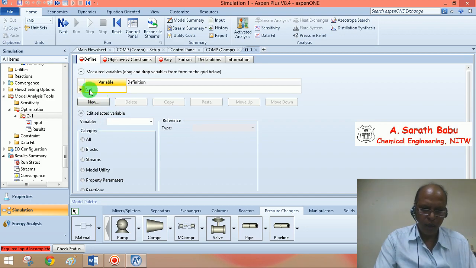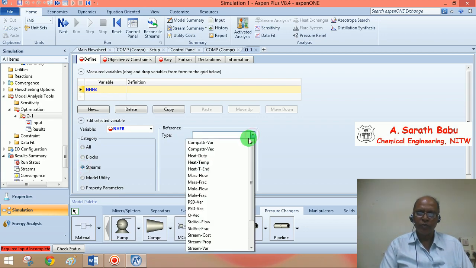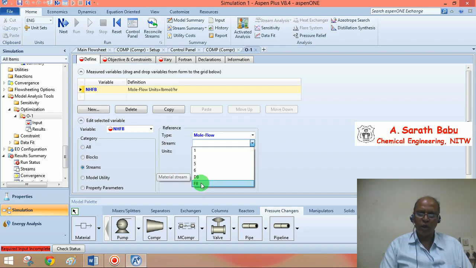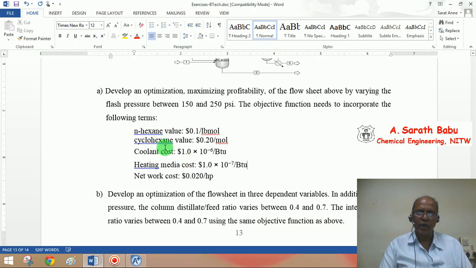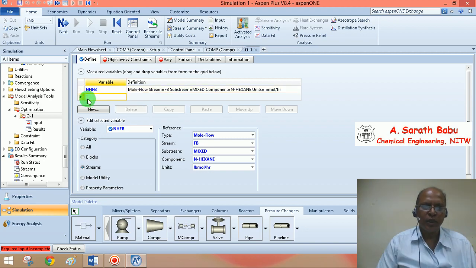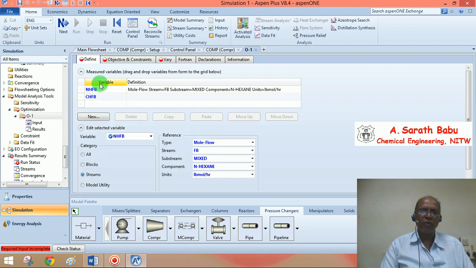NHFB, N-hexane in flash bottom. It's a stream variable. Mole flow. Stream is FB. N-hexane. Let me just verify that is N-hexane and cyclohexane. Okay. Then the other one is CHFB, cyclohexane flow rate in flash bottom.